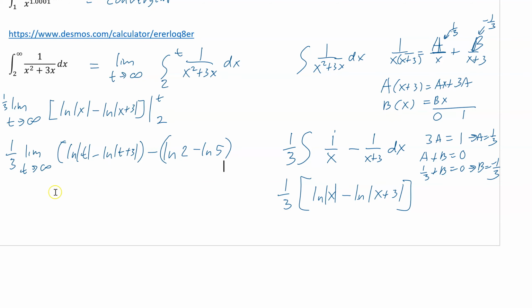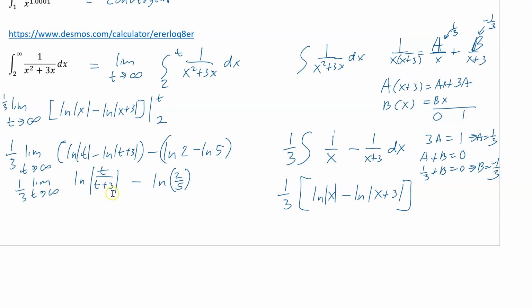All right, and now if you look at this, we have the two natural logs, but what you have to do is put them together because this is like infinity, this is negative infinity. We need to see what their actual combination is. So this can be put together. It's t over t plus 3, and same thing here, this would be 2 over 5. If you remember with fractions, the t over t plus 3, they're both the same degree, so they're just going to go off to 1.